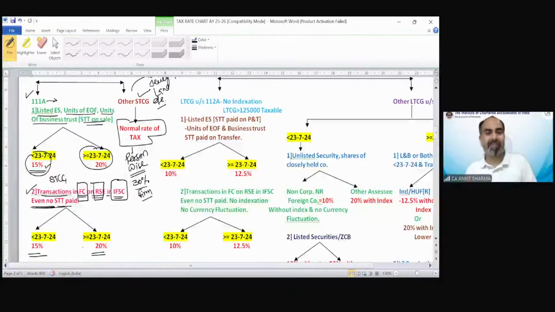A very interesting thing, you just need to learn the rate: 15 or 20 or other short-term capital gain. So whether it falls under section 111A or under these transactions, the rate of tax is the same. Clear?